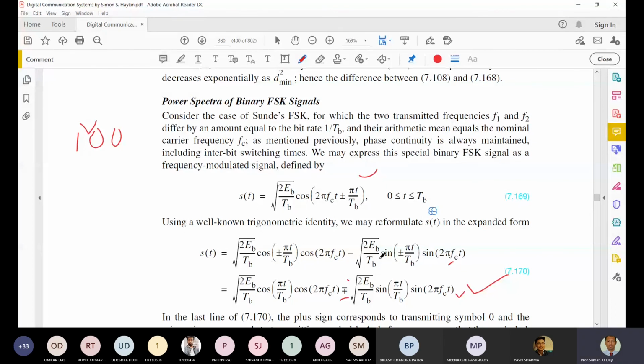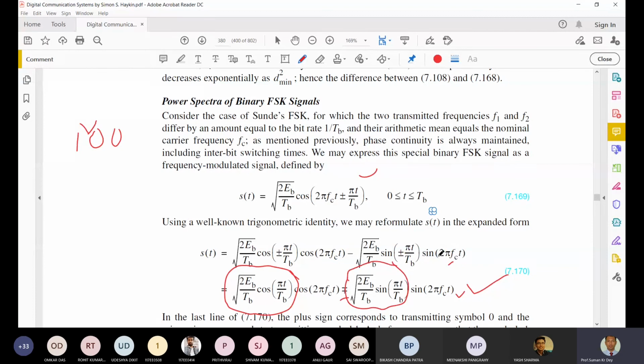Now if we see this equation, there are two components: one is the in-phase component and the other is the quadrature component. This is our in-phase component, and this is our quadrature component.